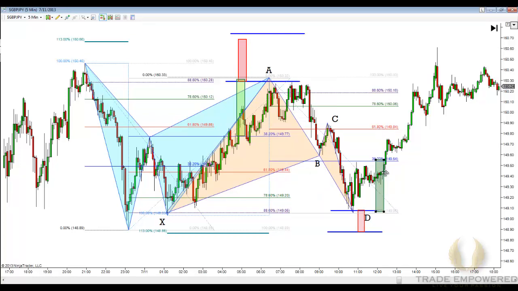And again, you can see even the target 1, we get a great risk reward with this pattern because the completion is so close to our initial X leg. Almost a 2-to-1 on here, actually, if I move this over. A 2-to-1 risk reward ratio, meaning that our potential profit on our first target is 2 times the length of our initial risk.